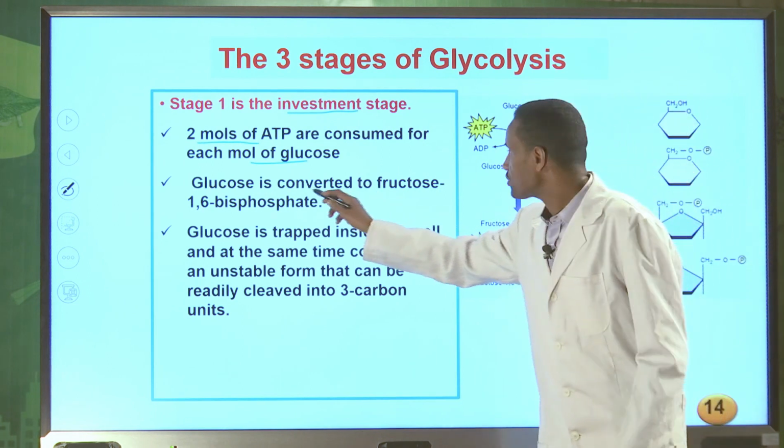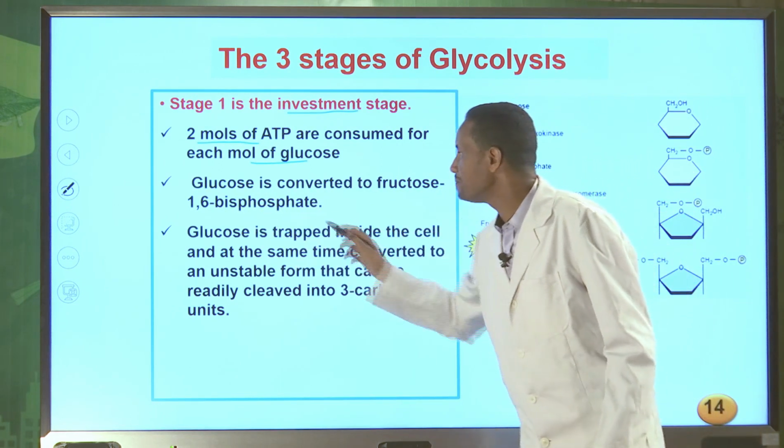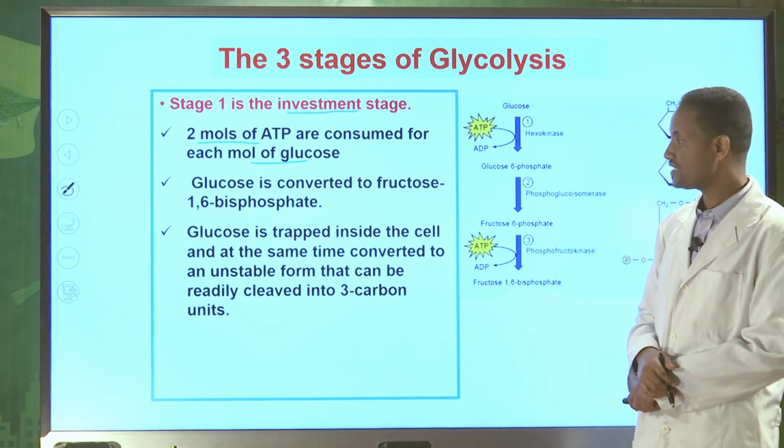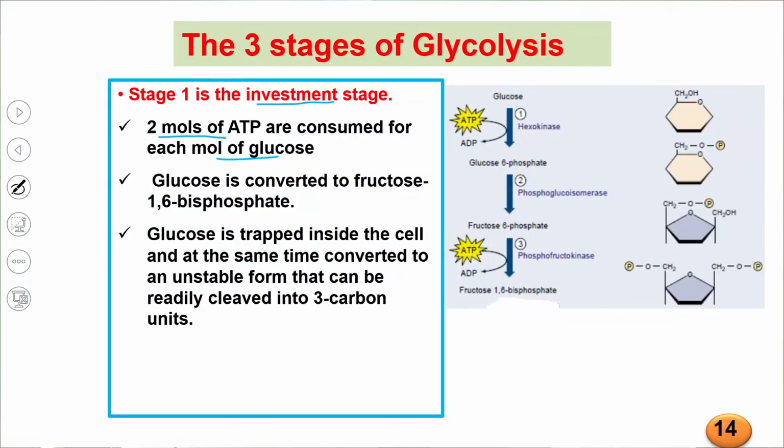Here, glucose is converted into fructose 1,6-bisphosphate, and the glucose is trapped inside the cell and at the same time converted into an unstable form that can be readily cleaved into 3-carbon units.